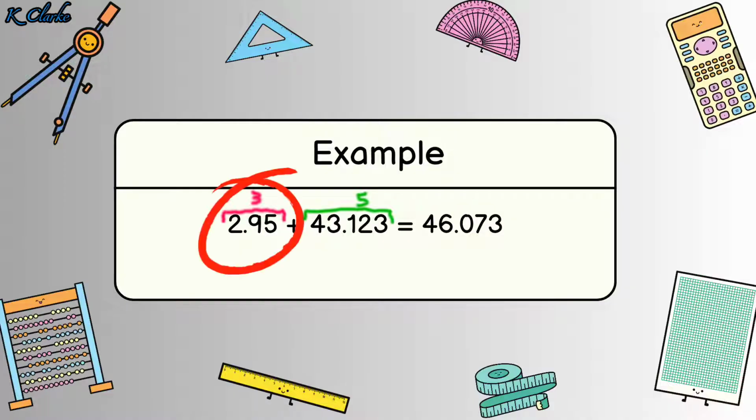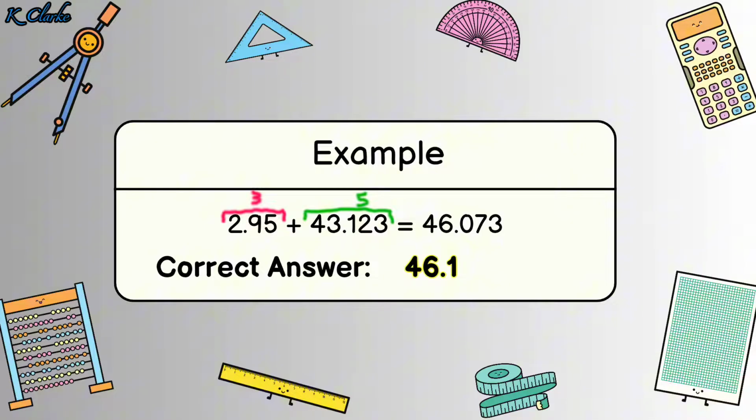Since the first value has the lower number of significant figures, it is the limiting value. Therefore, the answer should be to 3 significant figures. The correct answer is 46.1.